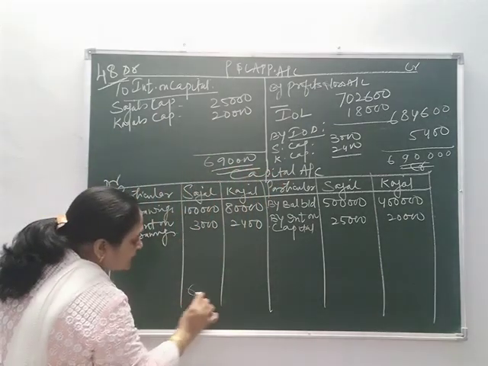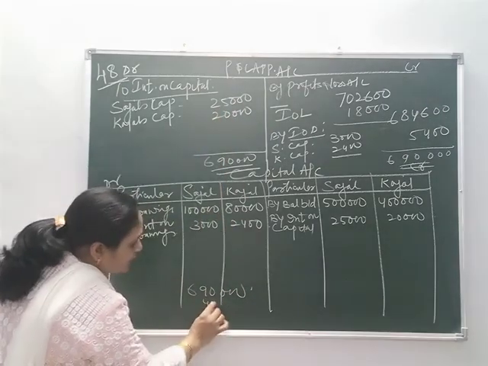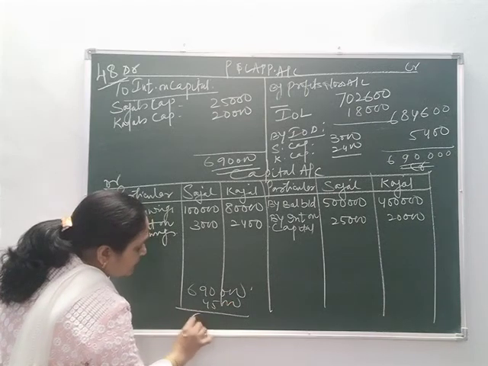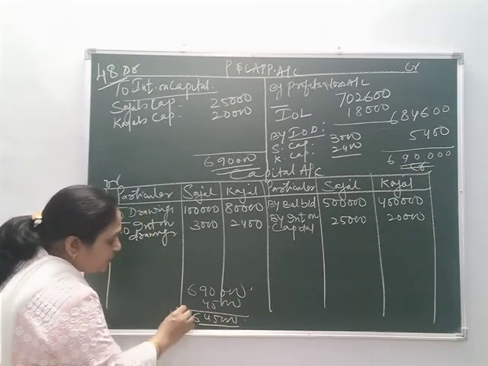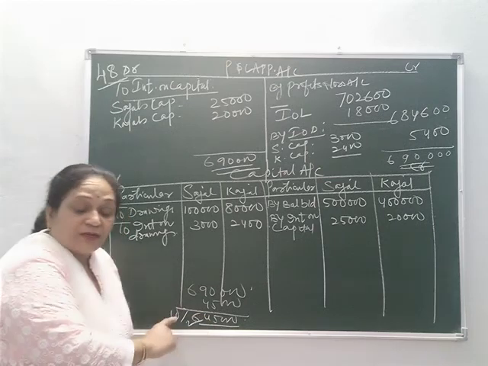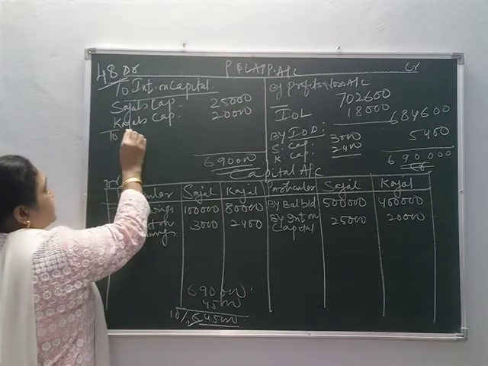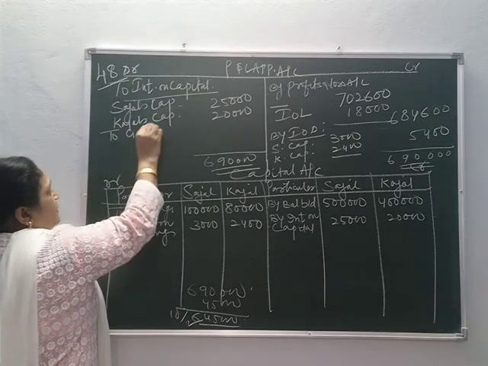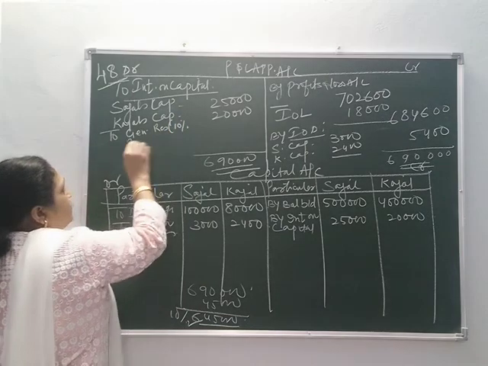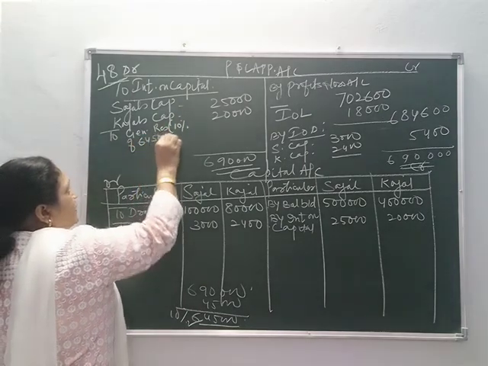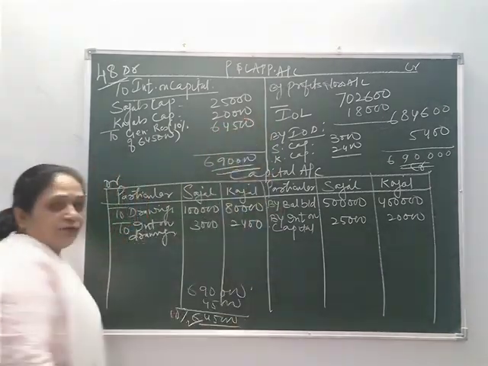Now from 6,90,000 you have to subtract 45,000. So it comes 6,45,000. 10% of this figure, this is your divisible profit. Of this, 10% will be transferred to general reserve. 10% of 6,45,000, which is 64,500.